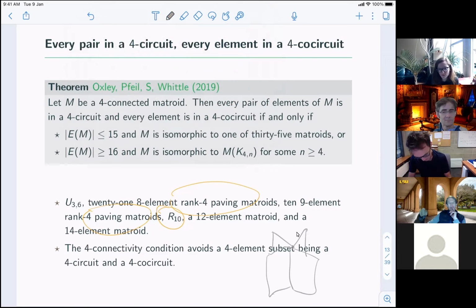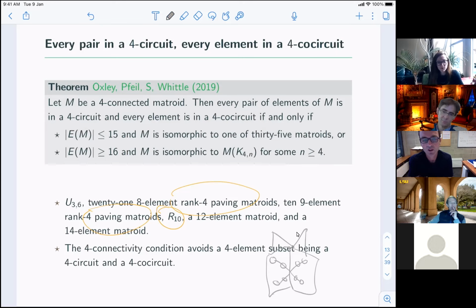Each page of the book is going to have 4 points placed on it. I do that for the other pages at the back, and every pair of elements is in a 4 circuit, and every element in a 4 co-circuit. So I'm avoiding situations like that.